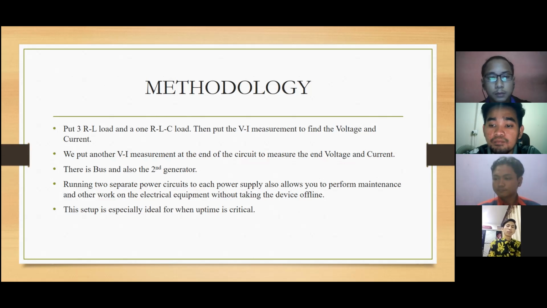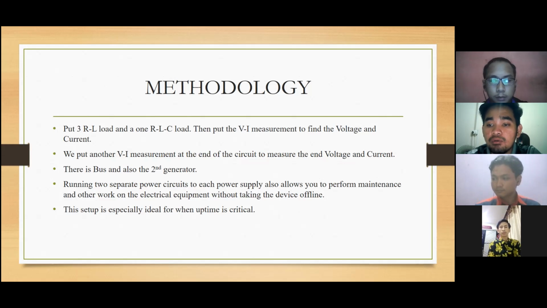There is also a scope to show the end graph. And finally, there is a bus and also the second generator running to separate power circuits to each power supply. It also allows you to perform maintenance and other work on the electrical equipment without taking the device offline. The setup is especially ideal for when uptime is critical.